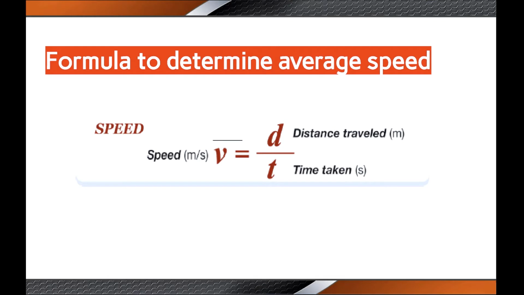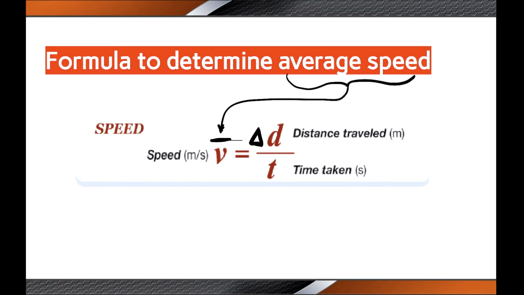So our formula, if you're trying to calculate the average speed, we can denote that we're looking at average speed by just putting this little line right above the V. That tells us that we're looking at the average. So if average speed is looking at the total distance, we put a little triangle in front of it.